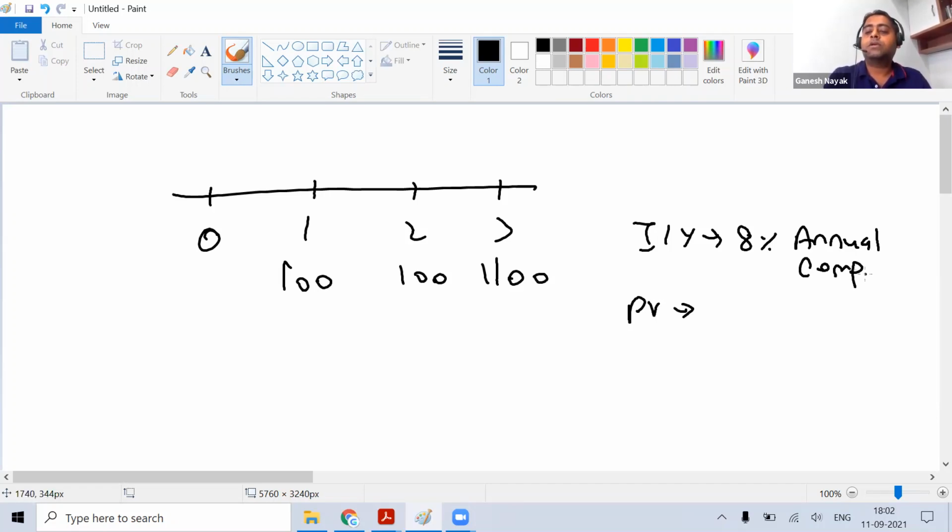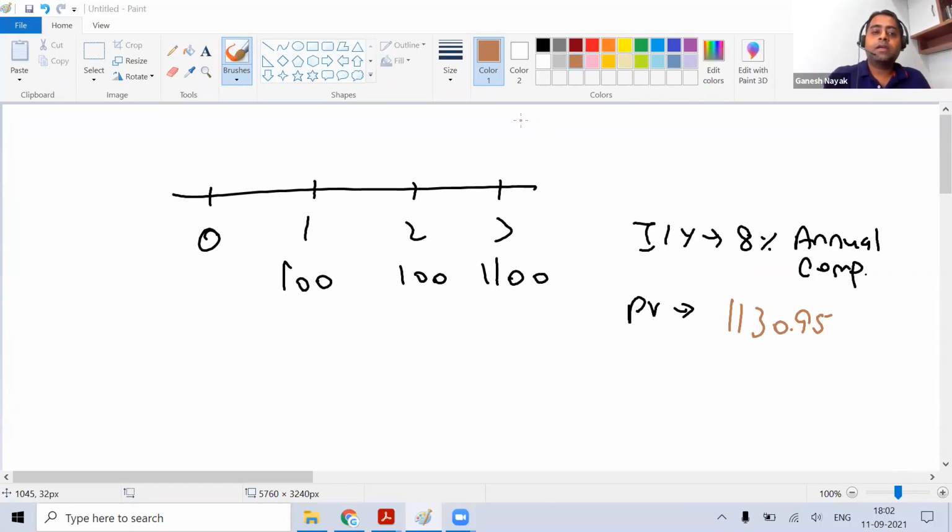You'll have to use second FE, PMT 100, FV 1000, N being 3, I/Y 8, and we'll get the PV. What is the answer? $1,030.95.